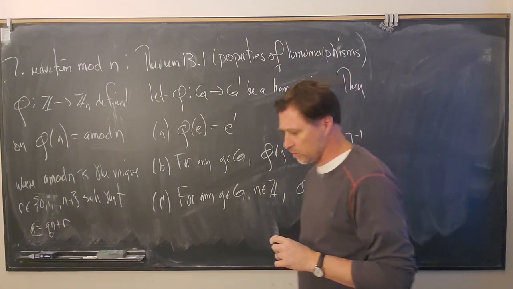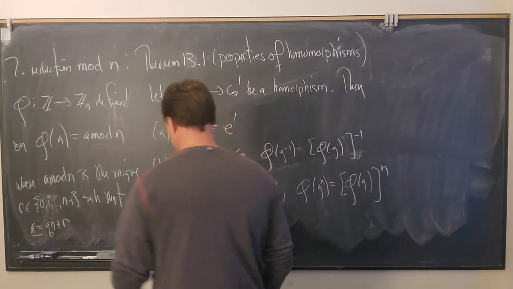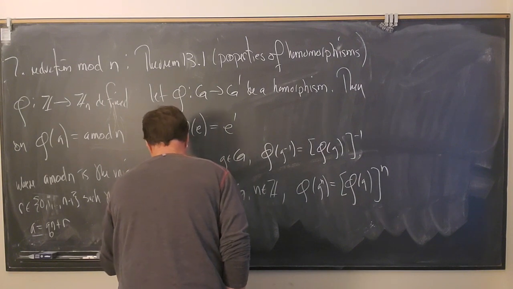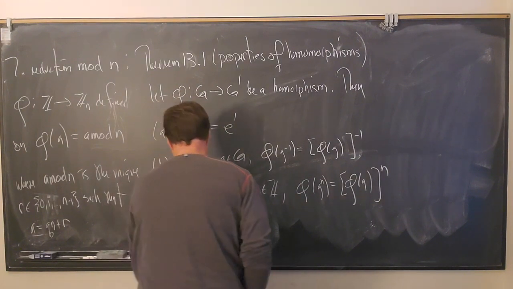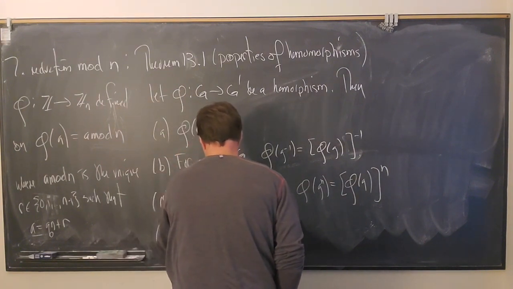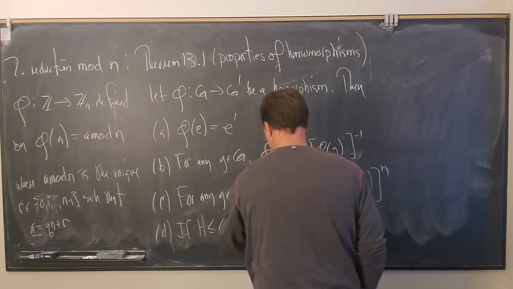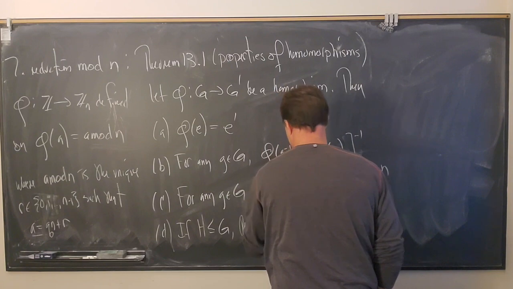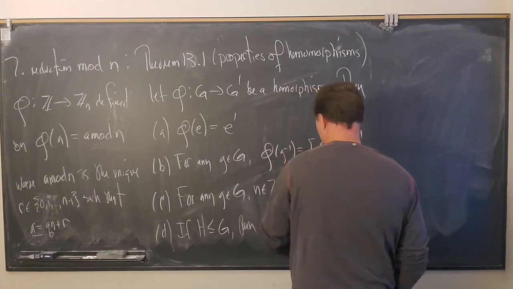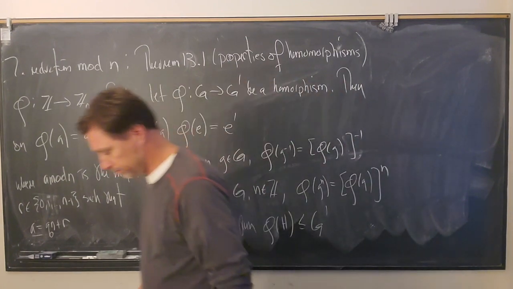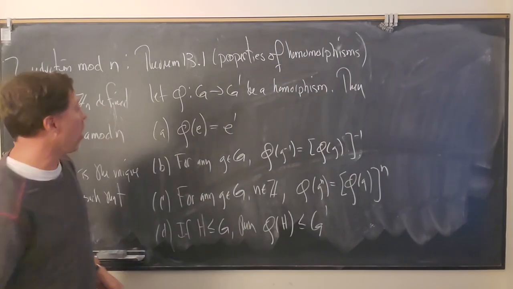Once again, we've seen this one. The next one, part D: if H is a subgroup of G, then phi of H is a subgroup of G prime. So we've seen all 4 of these so far.